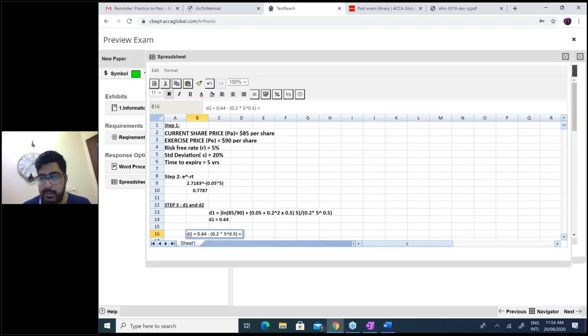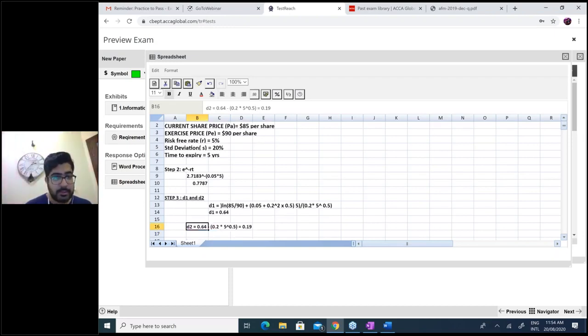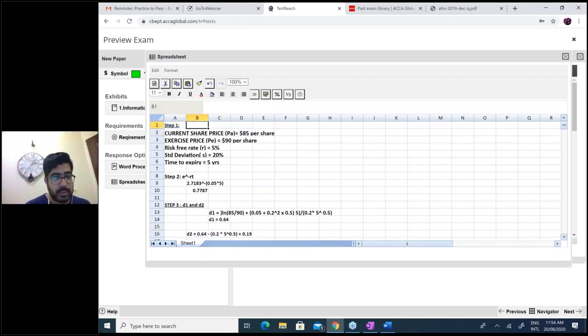Okay, this value is coming 0.19. Even if this is coming more than 2 decimal places, you need to restrict d1 and d2 to 2 decimal places. Remember this thing carefully. Okay, d1 and d2 must be restricted to 2 decimal places. So it's 0.64 and 0.19.